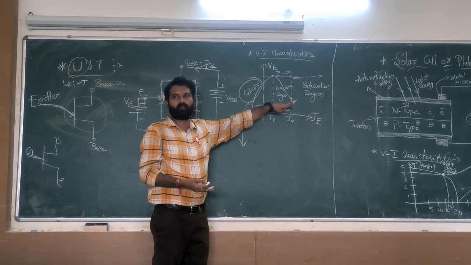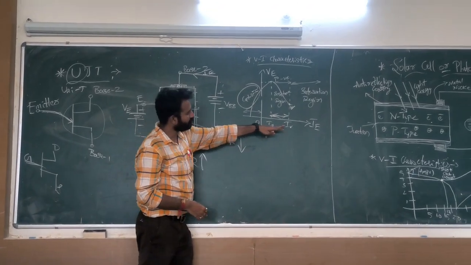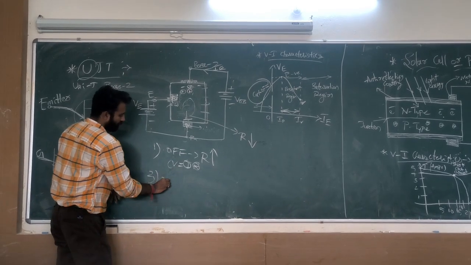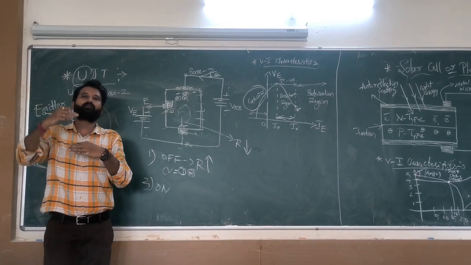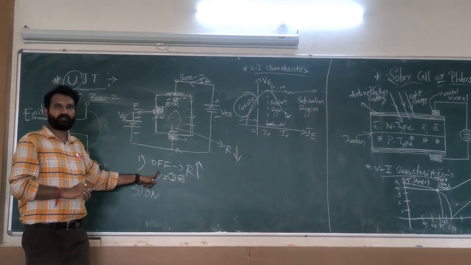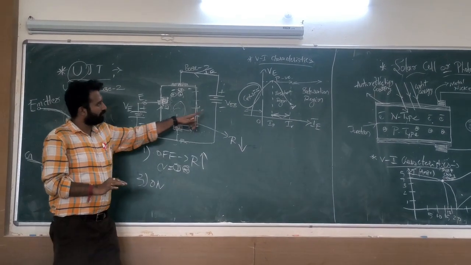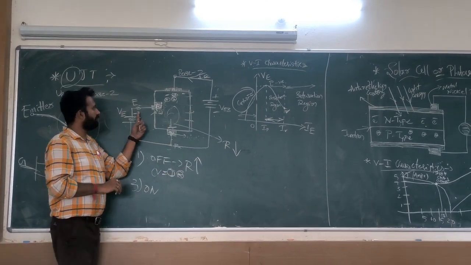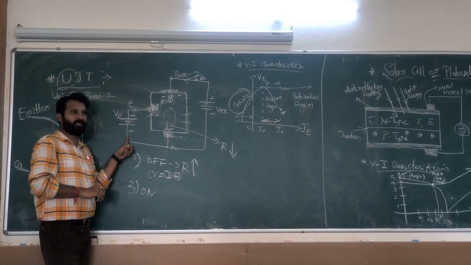After some point, what will happen in the saturation region? Again your device will be in on condition. Current increases, decreases, increases, decreases. Understandable? So cutoff means your device is in off condition, no voltage applied. Negative resistance region means you have applied a voltage. You have made the emitter positive, base 2 positive, base 1 negative.